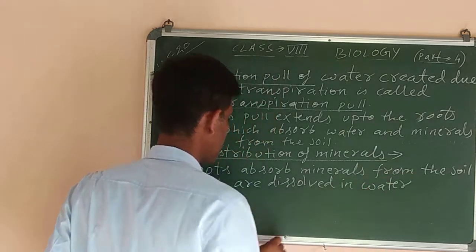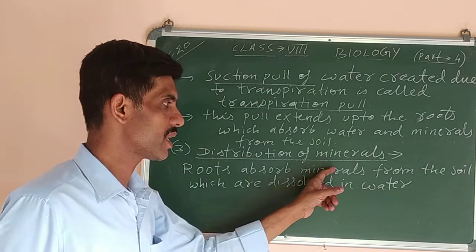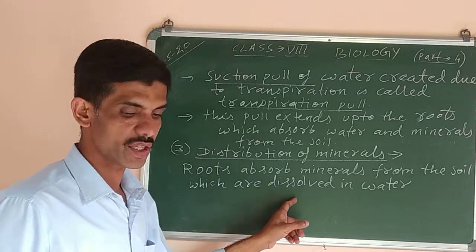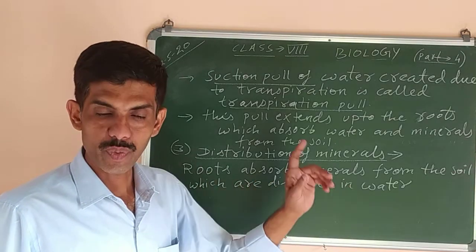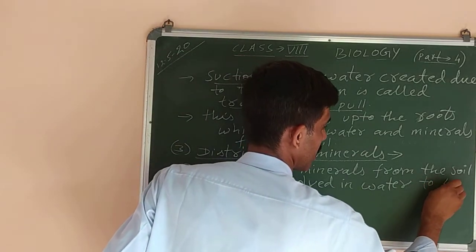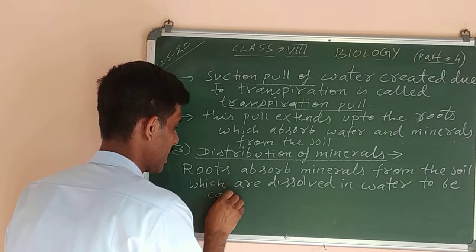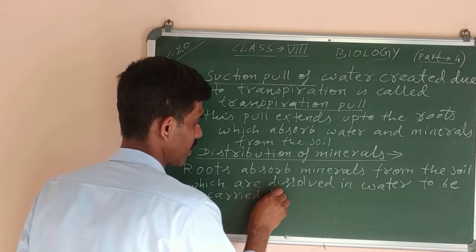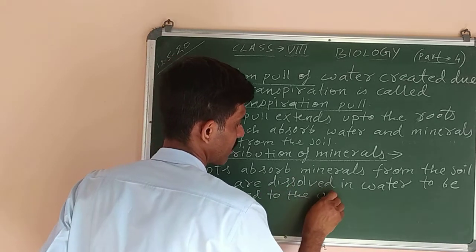These minerals are dissolved in water. Roots absorb minerals from the soil, which are dissolved in water, to be carried to the upper parts of the plant.